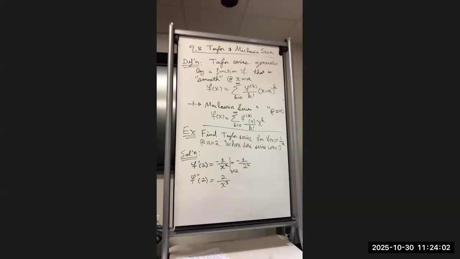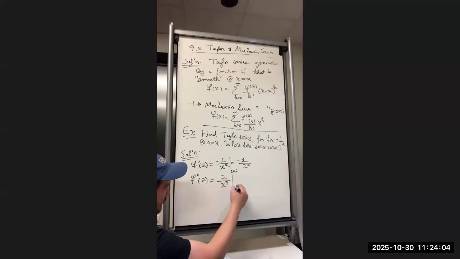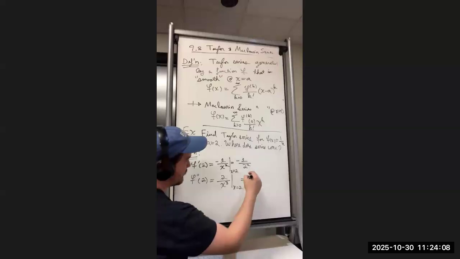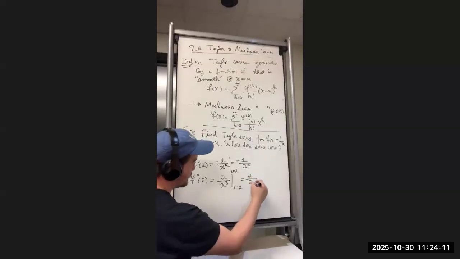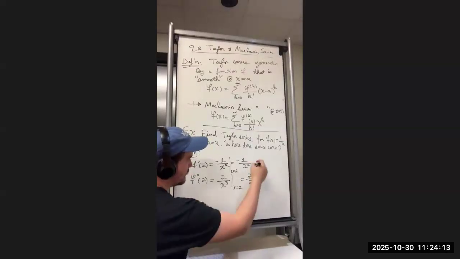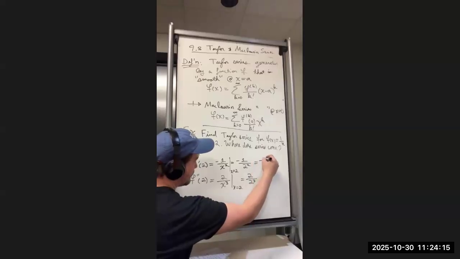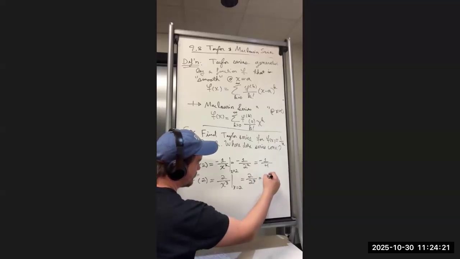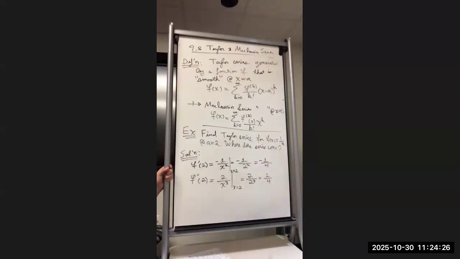Now we're going to evaluate that at 2, and we're going to get 2 over 2 cubed. Maybe, like I said, you don't know what will aid you in finding the pattern quite yet, but this obviously simplifies to positive 1 over 4. Maybe that will help us.